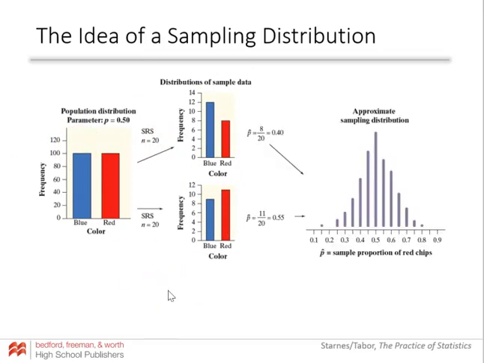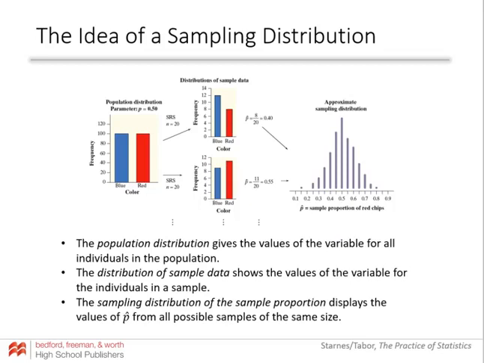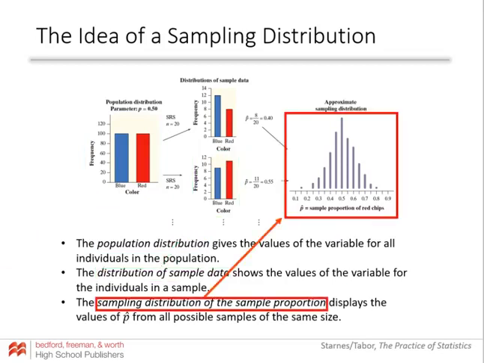If I start making dots of all of those different samples, all right, that is a sampling distribution. And we always say what it is a sampling distribution of. So it's a sampling distribution of the sample proportion. Okay, so lots of different vocab here. All right, population distribution, distribution of sample data, and then sampling distribution.